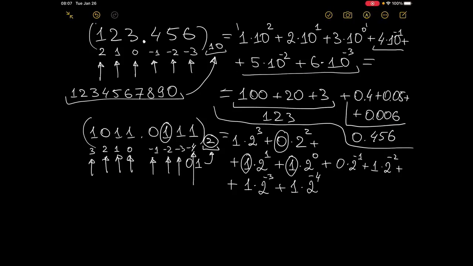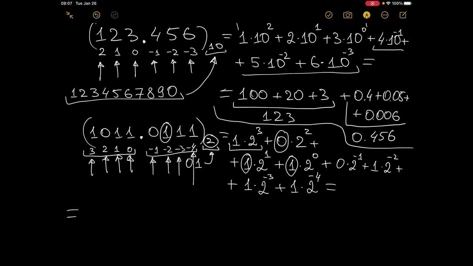So as a result, how can we represent it? We can represent it in the following form. So essentially, you see what this point or radix separates. It separates the integer part, which means positive powers of our base, right? And the fractional part, which means negative powers of our base, right?